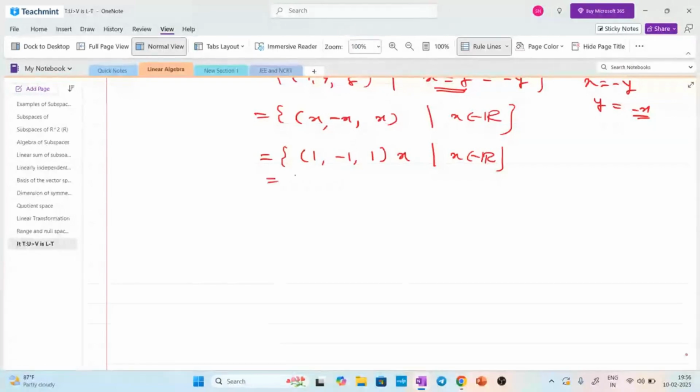This is the linear span of the vector 1 minus 1 1, that is, scalar multiples of vector 1 minus 1 1.